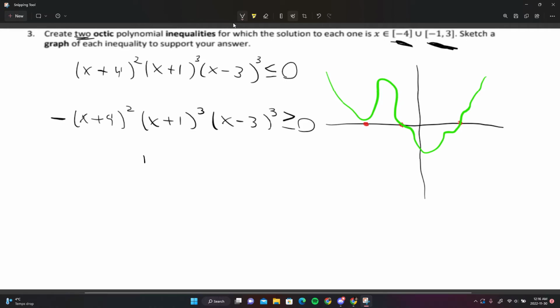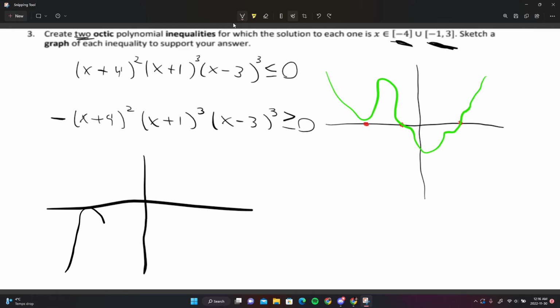And what's that going to look like on our graph? I'll plot it out really quickly, because it's basically the same as our first graph, except flipped upside down. So it comes up from quadrant 3, makes a parabola shape at x equals -4, and then comes down, does the little order of 3 flex thing at -1, comes down, does the flex thing at x equals 3.